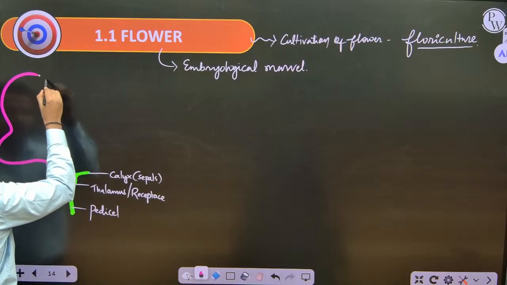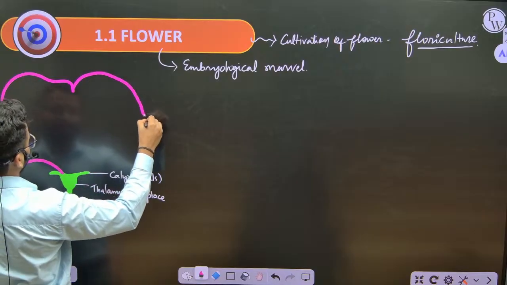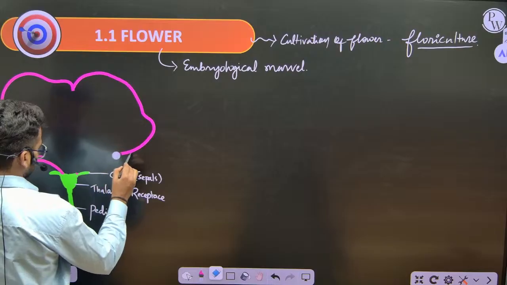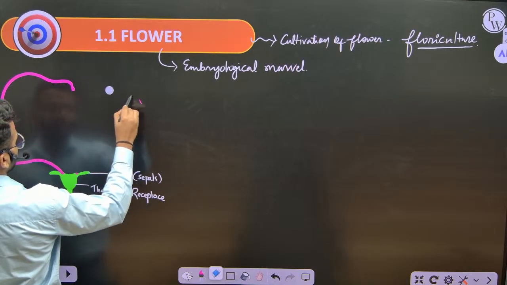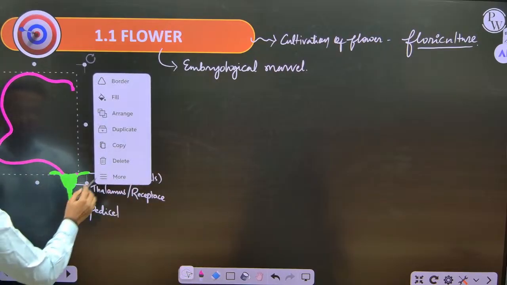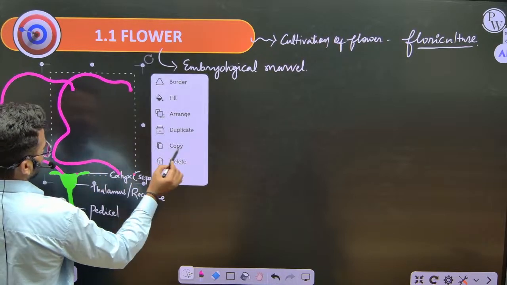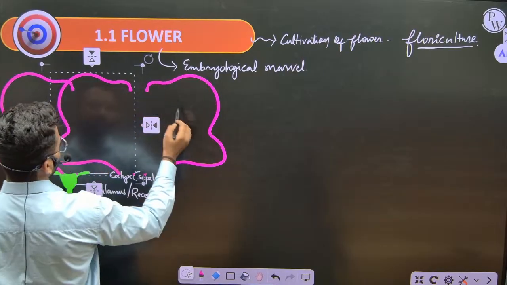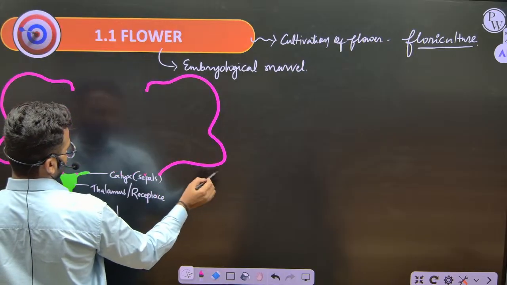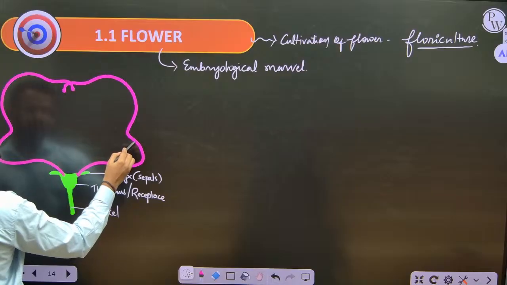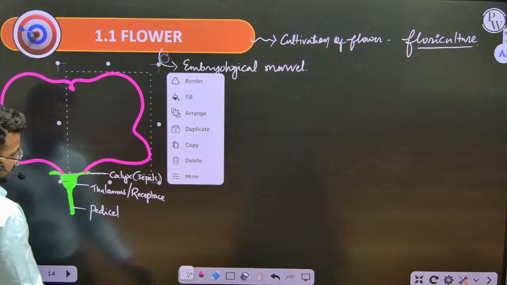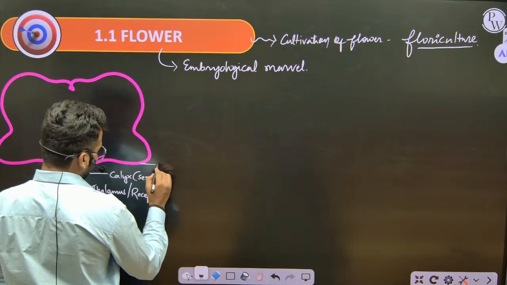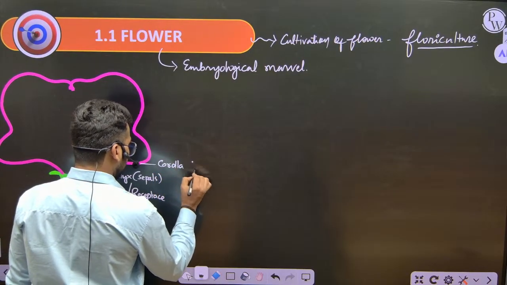The individual units of it are petals, and this whole unit we call the corolla, and the individual units are nothing but petals.